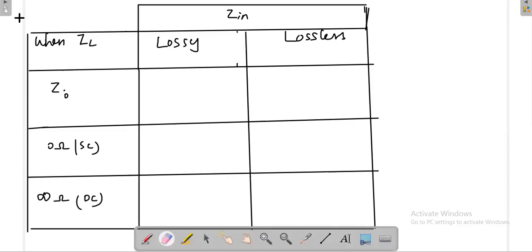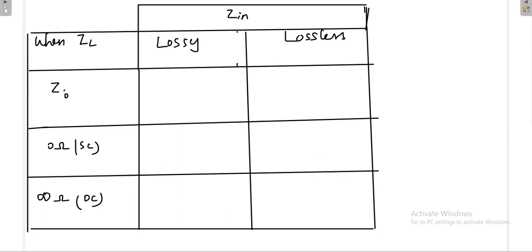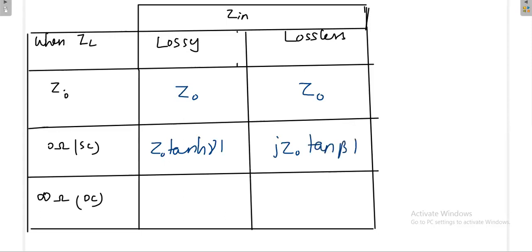This is Z0, this is also Z0, this is Z0 tanh γL, this is j Z0 tan βL, this is Z0 coth γL, this is minus j Z0 cot βL.